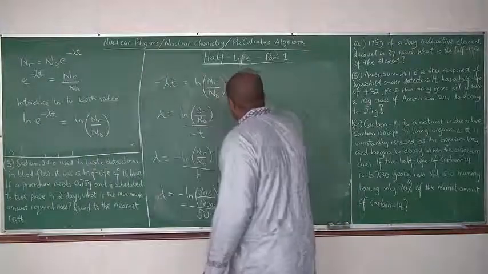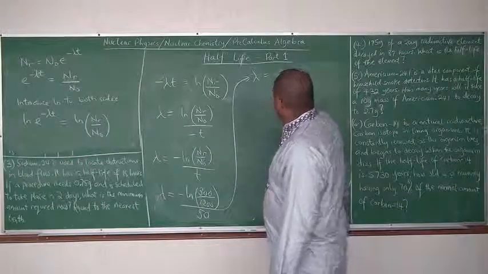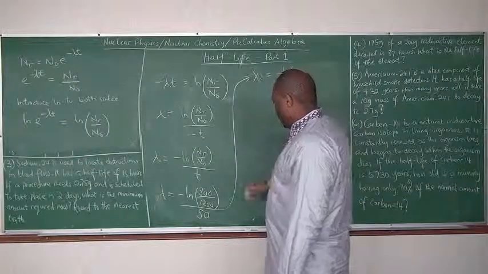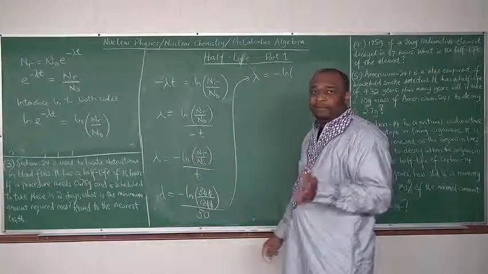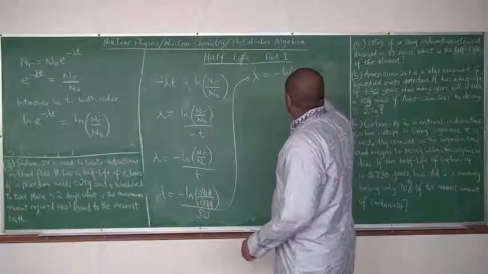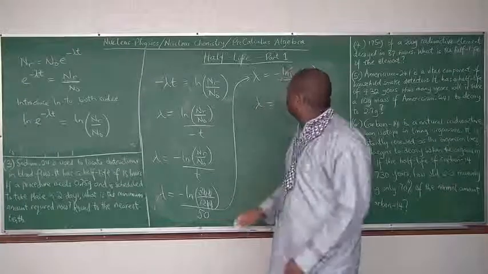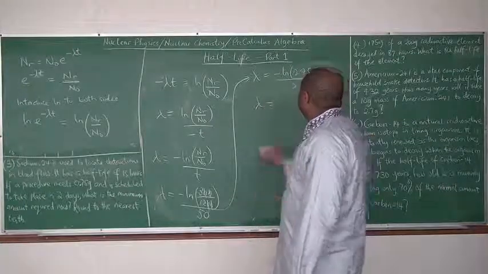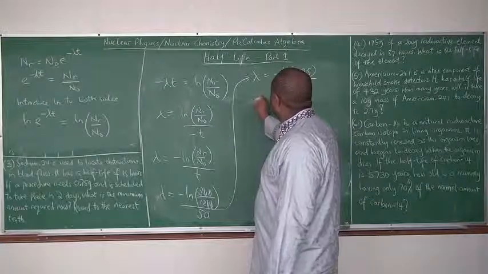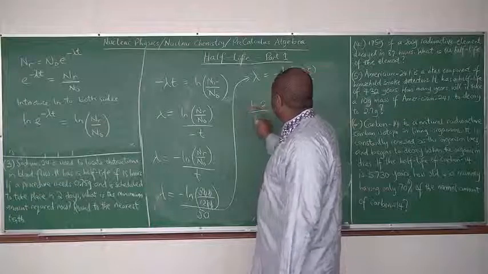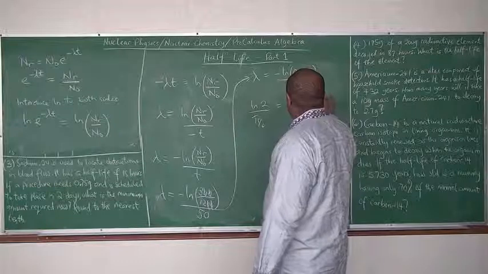Okay, folks, what would this decay constant be? Negative ln, this is 1 over 4, which is 0.25, over 50. So lambda is ln 2 over half-life, and that is negative ln 0.25 over 50.